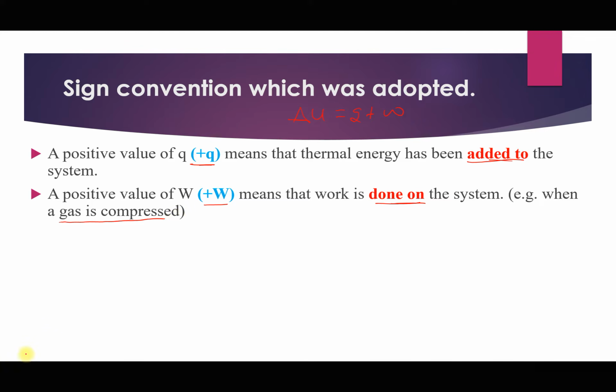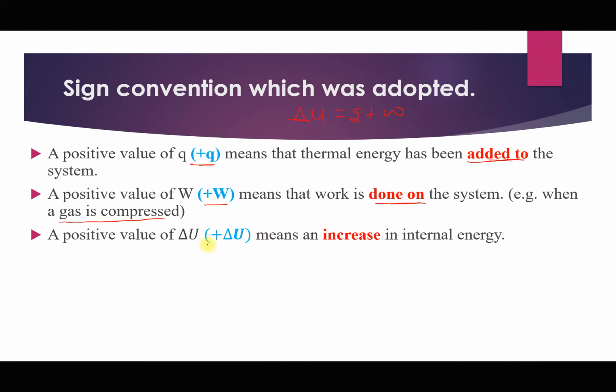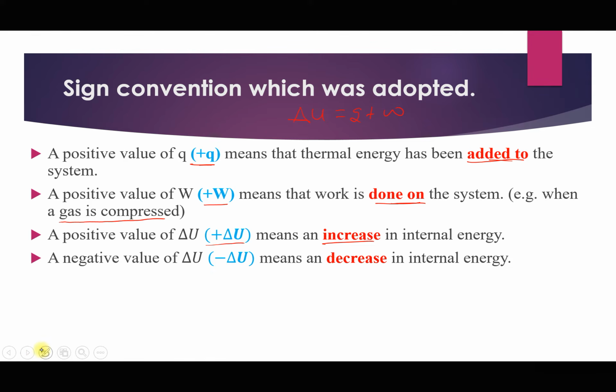If we get a positive value of delta U, that is an increase in internal energy. Many times the examiner will ask you to state the direction of the internal energy. It is an increase if it is a positive value. And a negative value of delta U would mean the internal energy is decreasing, or it is a decrease in internal energy.